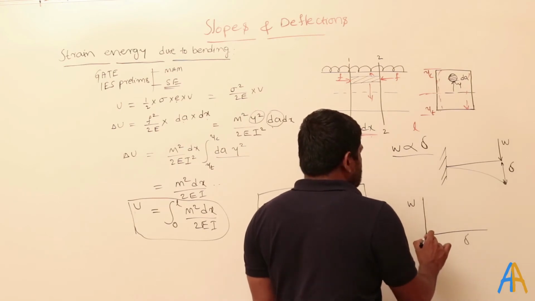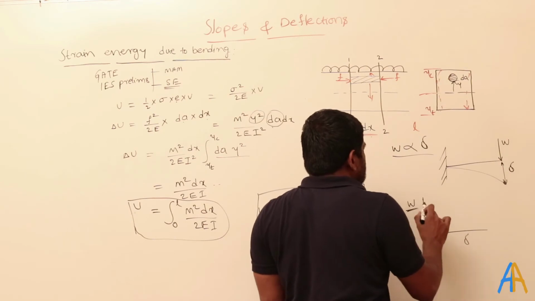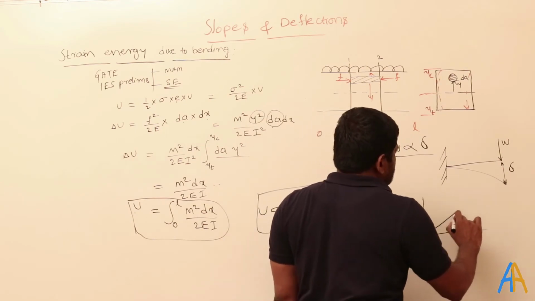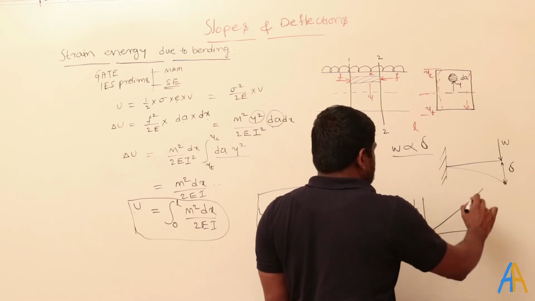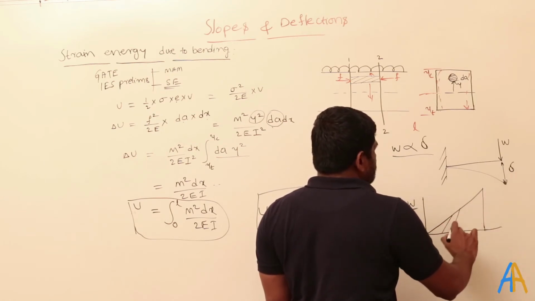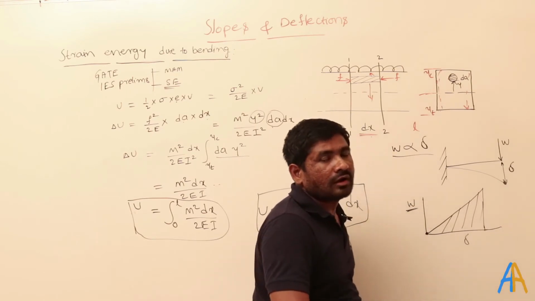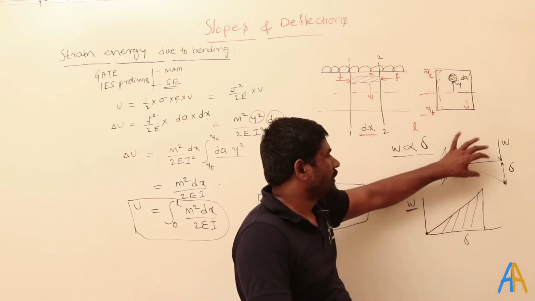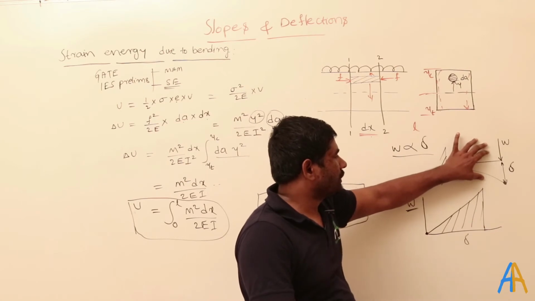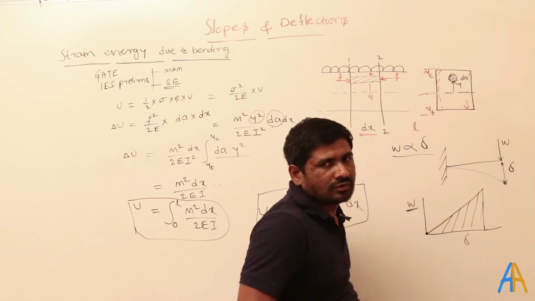Initially when there is no force, there is no delta, and when I increase the force, gradually the delta value increases like this. So what is the area between these two? The force into distance is nothing but the work done, and whatever work is done here is stored in the beam as strain energy.